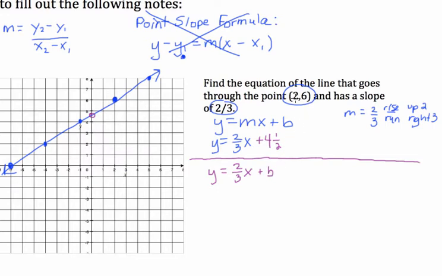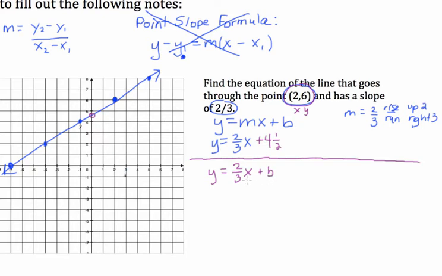Here's what we're going to do. We're going to take our point, and we know that that point will make this equation true. That means if I sub in an x value of 2 and a y value of 6, I will get a true equation. I can use that fact to figure out what my b number is algebraically.